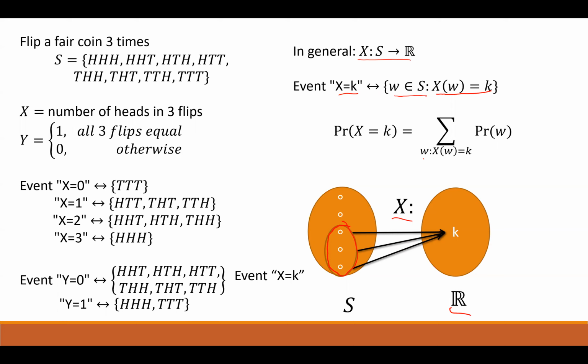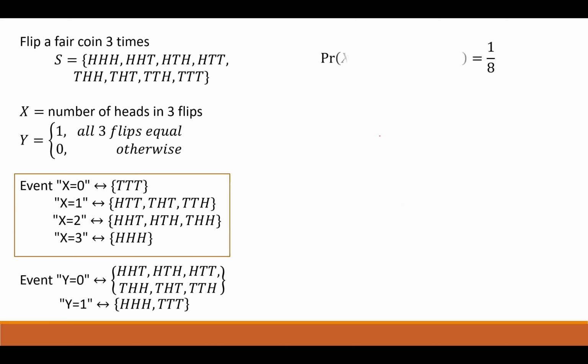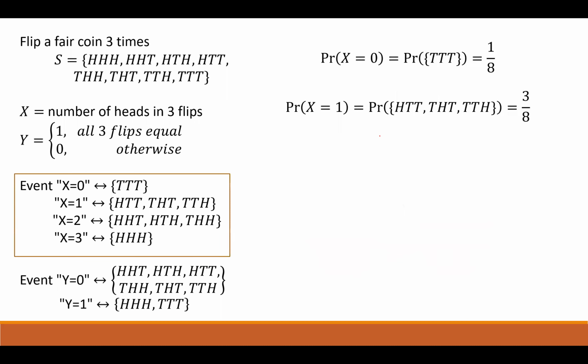We simply sum up all of the individual probabilities in that event. So if I looked at this event, X equal to K represented here, I take the probability of this outcome plus the probability of this outcome plus the probability of this outcome. And that's my probability that X is equal to K, which is, again, just an event, could be described in English as well.